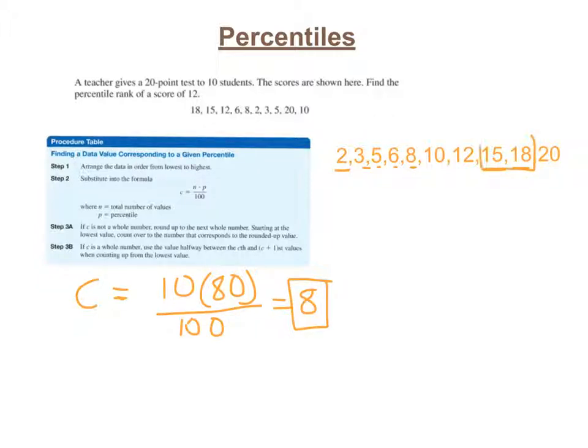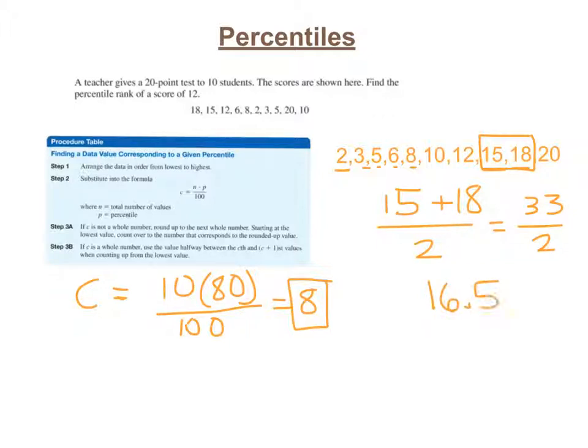The value halfway between these, I'm going to average this. 15 plus 18 divided by 2. Right? So if I add those together, I get 33 divided by 2, which is 16 and a half. Don't round. So if I want to be in the 80th percentile, I need to get a score of 16 and a half on this test.